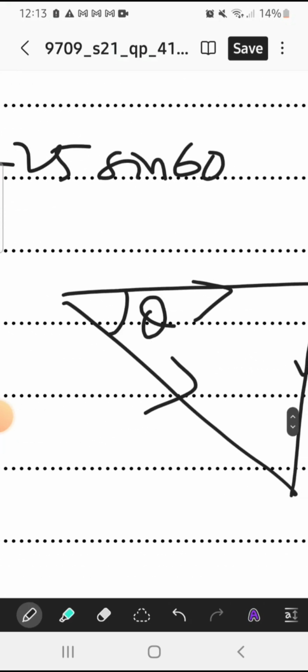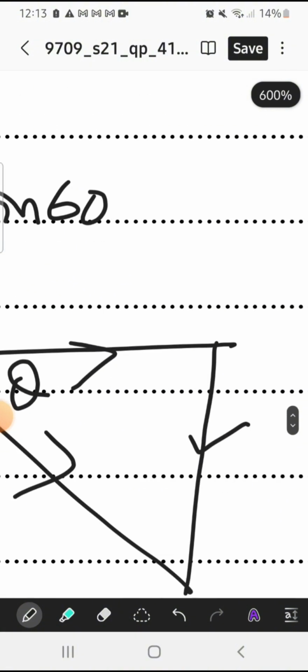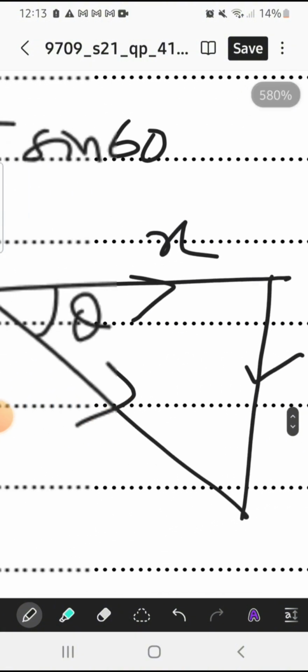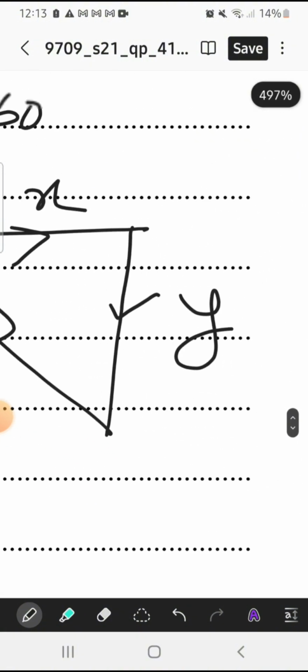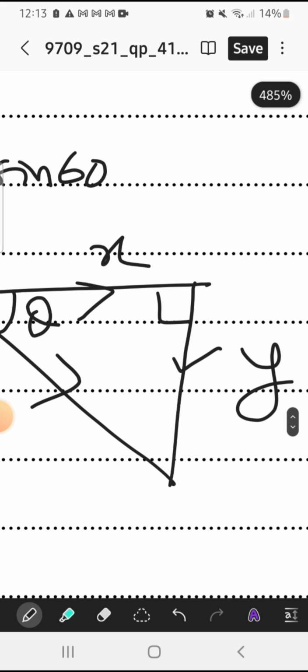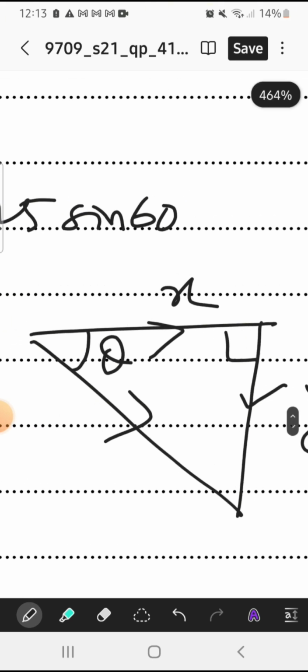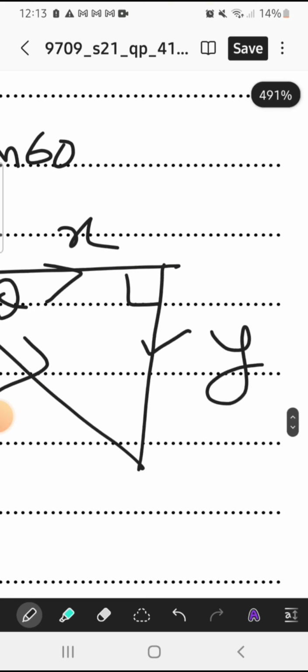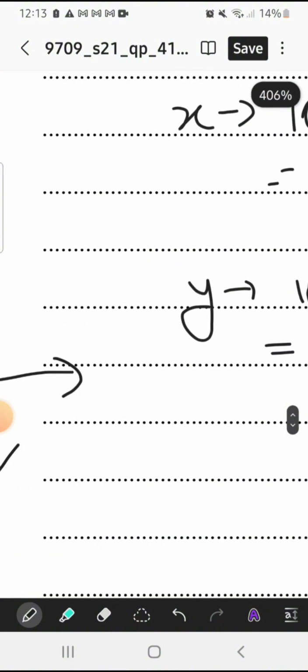This is angle theta, this is going to be the x direction, and this is going to be the y direction. Our theta can be found easily if you know this is the opposite and this is the adjacent. So we can use the tan ratio.